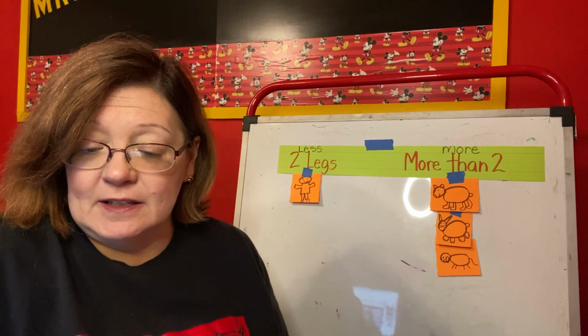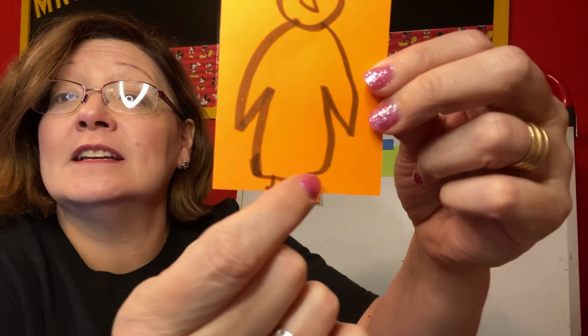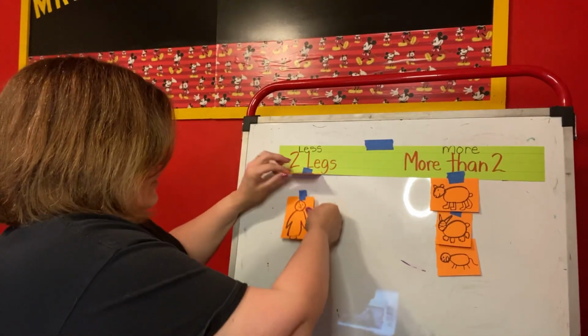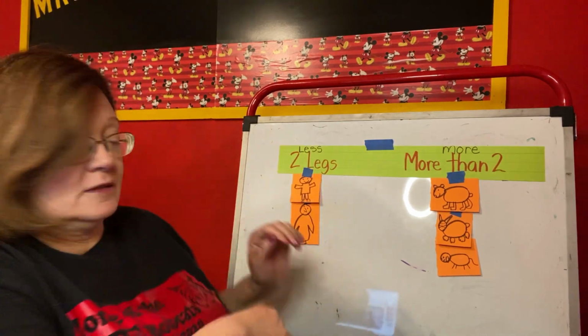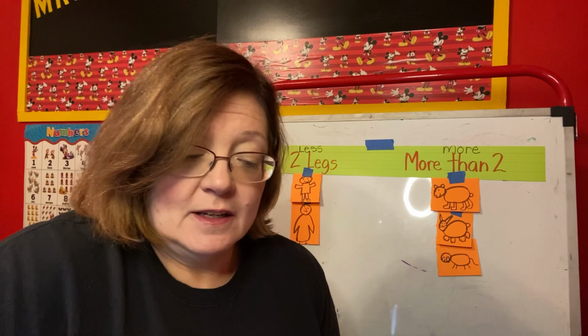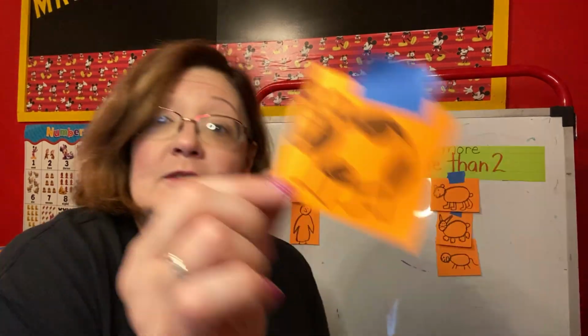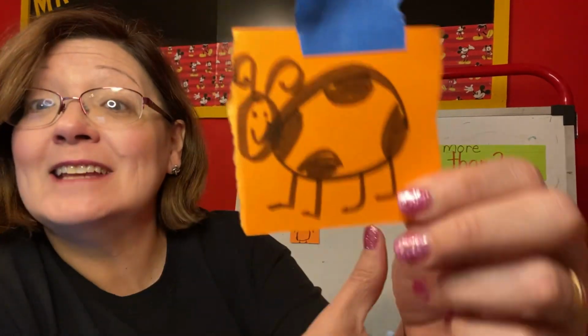Okay, next one. I have a penguin. Let's count the legs. 1, 2. 2 legs for my penguin. Over here. Okay. Now, let's see. Next thing is a ladybug.